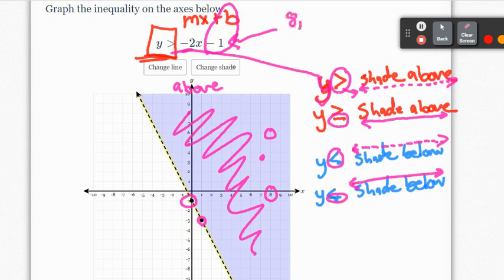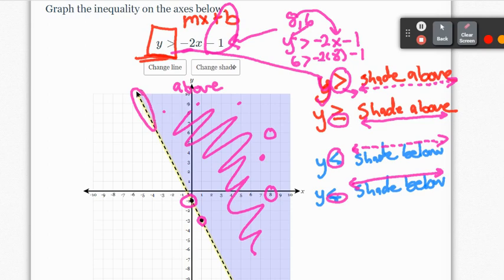So if I plugged in 8, 6, where y is set to be greater than -2x minus 1, the 6 for the y and the 8 for the x, this will be a true statement. 6 is bigger than -2 times 8 minus 1. Every coordinate that's plotted over here in the shaded region makes a true statement. If you're on the line, it would not make a true statement because it would be equivalent, and this does not include equivalencies.